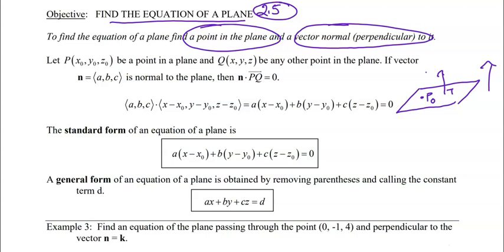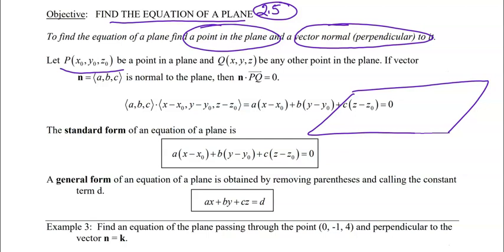So the idea here is, P is a point on the plane, and we just find a random point on the plane. Let me draw this again one more time. If I have a plane like this, there is P, a point, and then we randomly choose a point Q on the plane.